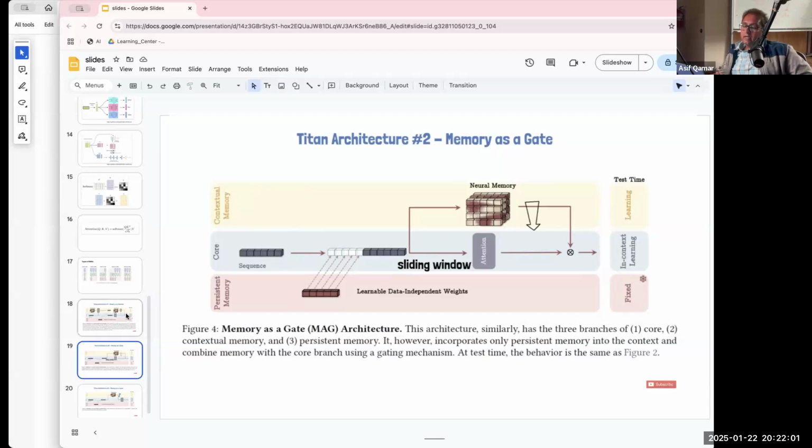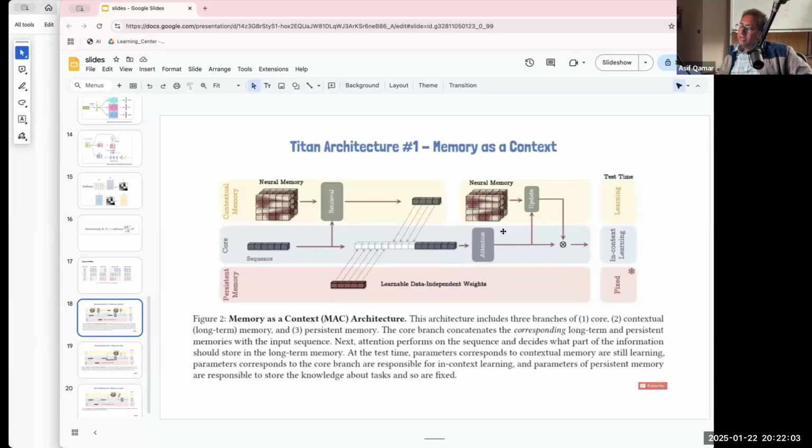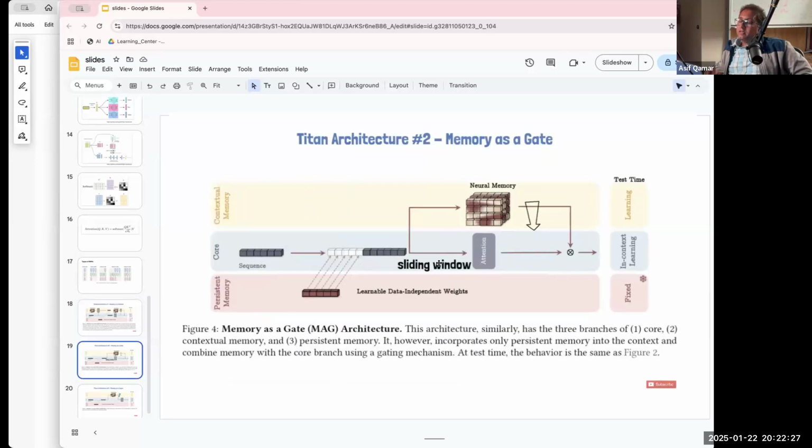The other type of update is when you want to update some of the attention metrics and the learnable weights. So in the first architecture, you have both. One is that the input coming in, the new information, is absorbed into the neural memory, as well as the output from the attention also being fed into the neural memory. That's the first architecture. In the second architecture, the output from the attention is not fed into the neural memory.